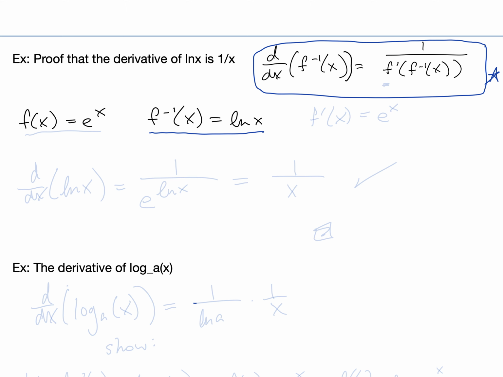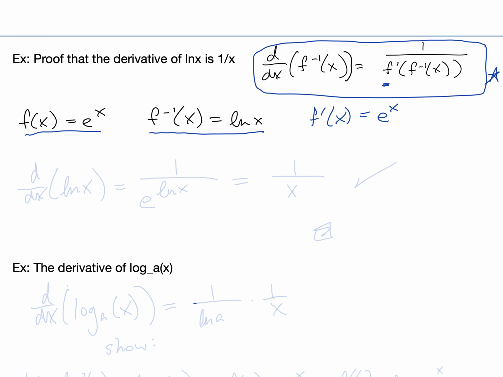The inverse of natural log of x, f of x, is e to the x. So what else do we need? We also need f prime to be able to apply this theorem. f prime of x, the derivative of e to the x, is just itself, e to the x.